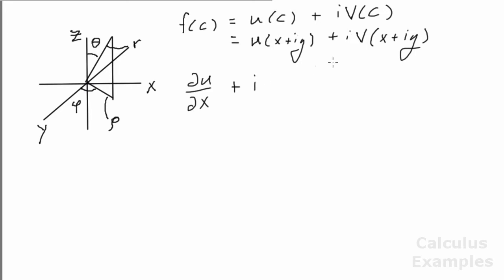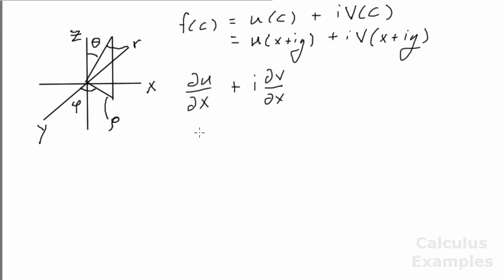Plus I times the partial of v, partial of x, and again we find 1 comes out here. And the partial of y with respect to x, of course, is 0.